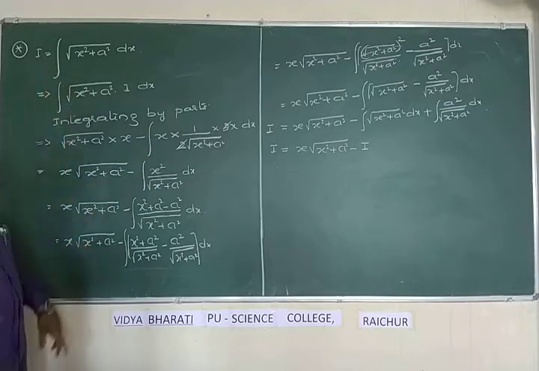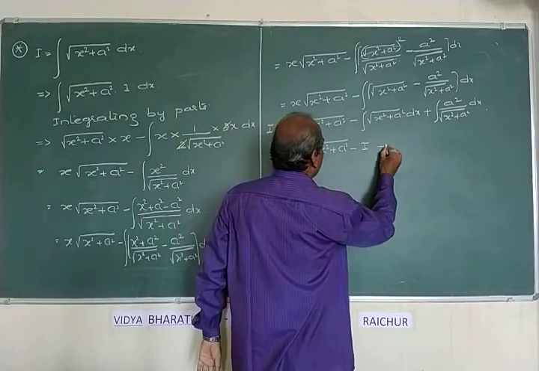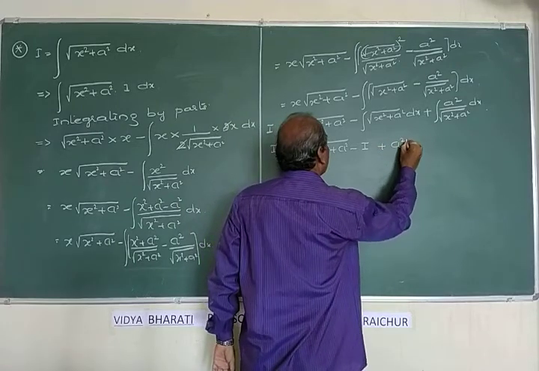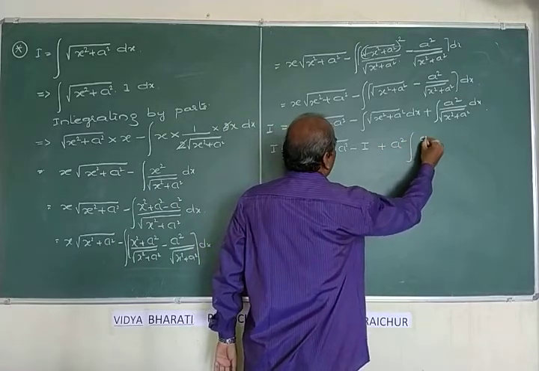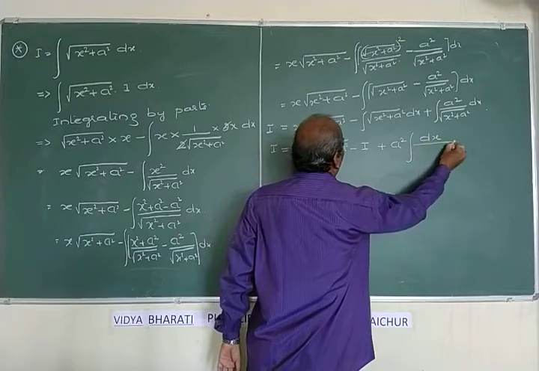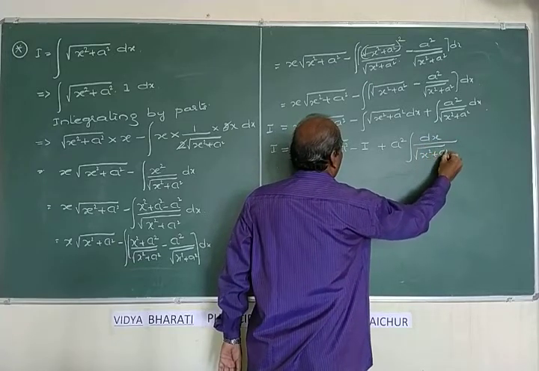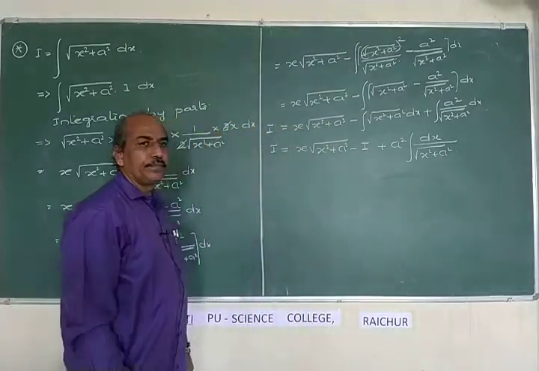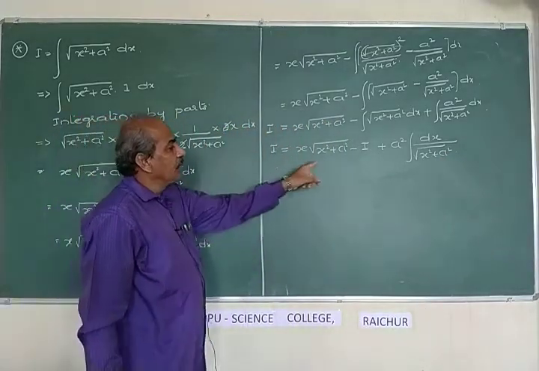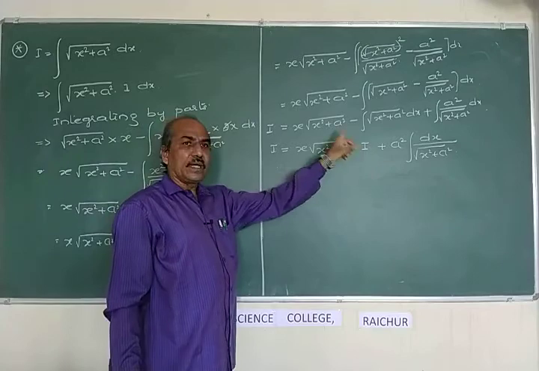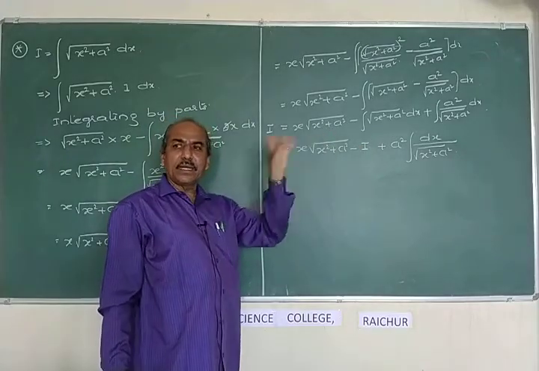I. So plus, since a square is a constant, you take it outside: a square into the integration of dx by root of x square plus a square.